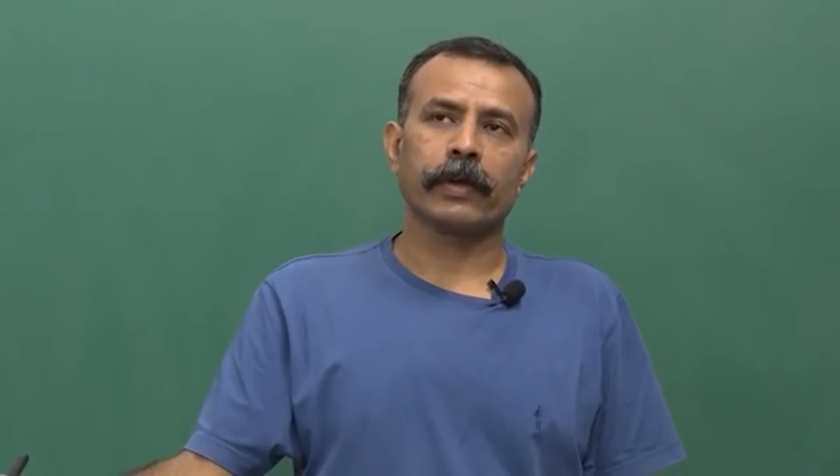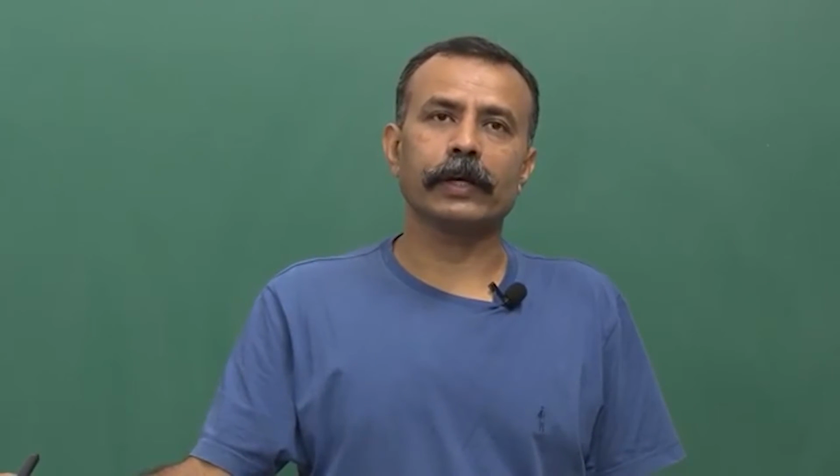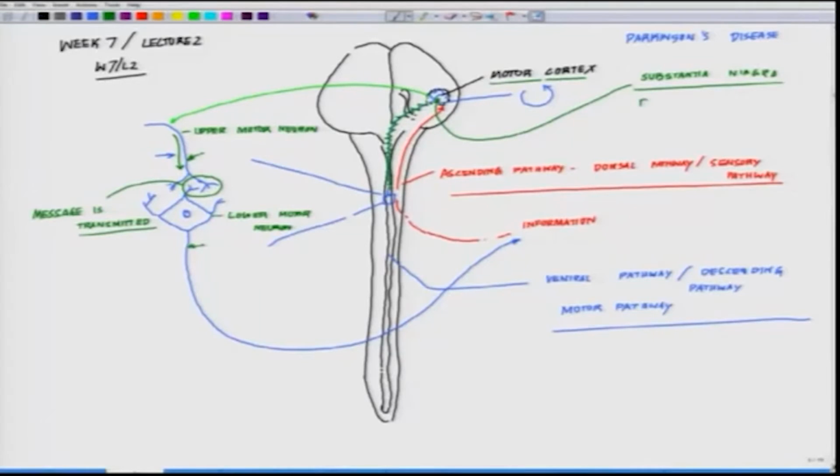These neurons start to degenerate, and these neurons are dopaminergic neurons.